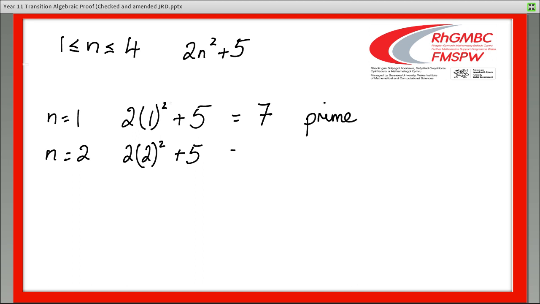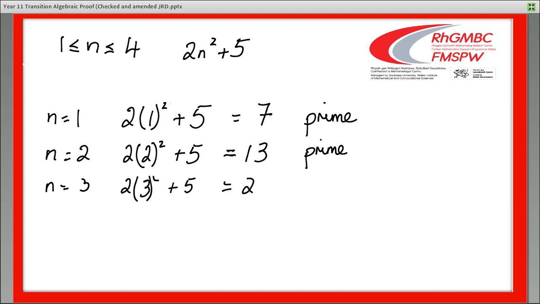So far so good. We then move on to n equals 2. So we've got 2 lots of 2 squared plus the 5. And that equals 13. And again, that's a prime number. Then we try n equals 3. So we've got 2 lots of 3 squared plus 5.